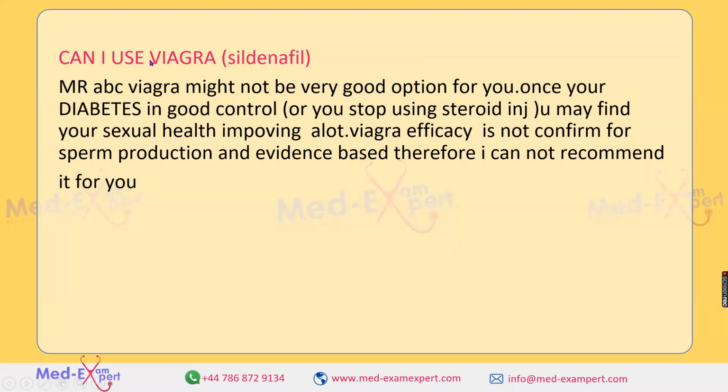Can I use Viagra? Both of the answers from Dr. Sabine and Dr. Poo were right. Mr. Smith, Viagra might not be a very good option for you. Once your diabetes is in good control, you may find your sexual health improving a lot. Viagra efficacy is not confirmed for sperm production and is not evidence-based.